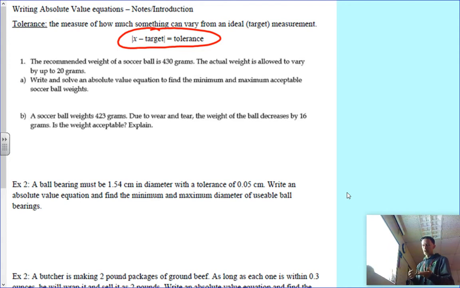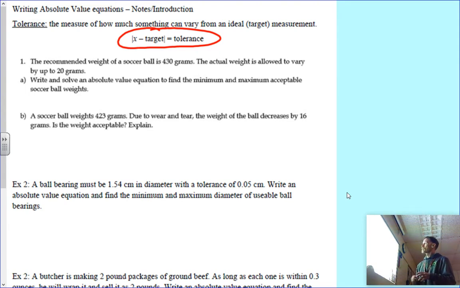Different words you're going to see for tolerance: you might see the word tolerance, variance, plus minus, different or within, something like that. But it's always going to be that same number. Okay, so let's jump into the examples and see what these look like.